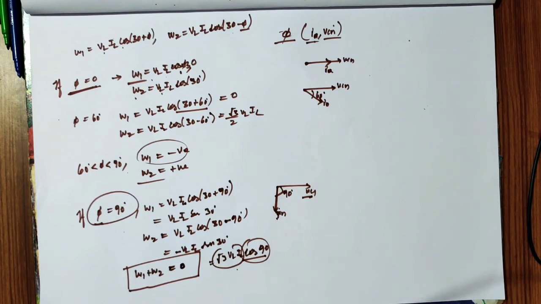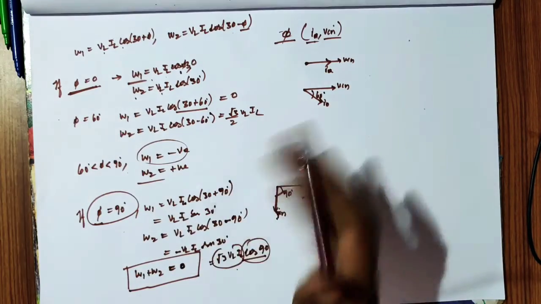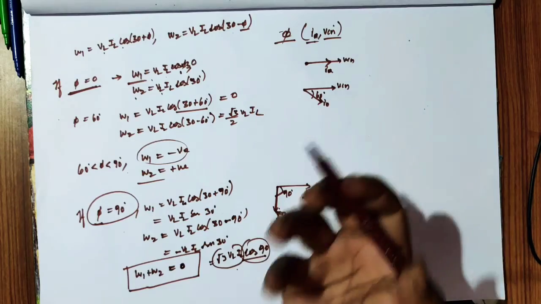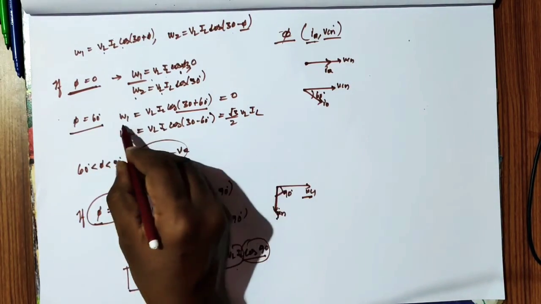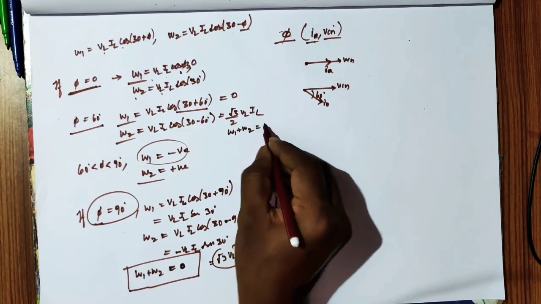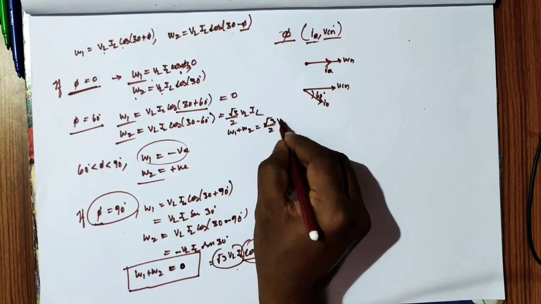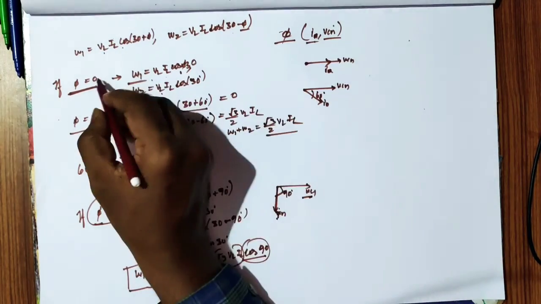So this is about using different values. The examiner may ask in any form, such as the total power obtained when phi equals 60 degrees. Then you find W1 and W2 and sum them up, and you get root 3 by 2 VL IL. What happens if the phase angle is 0?